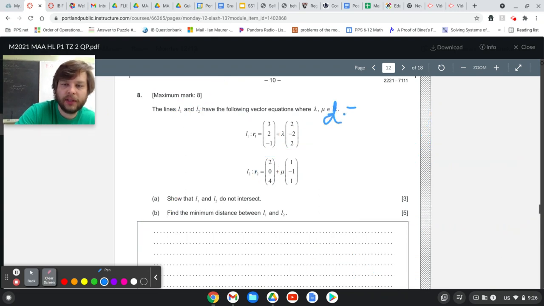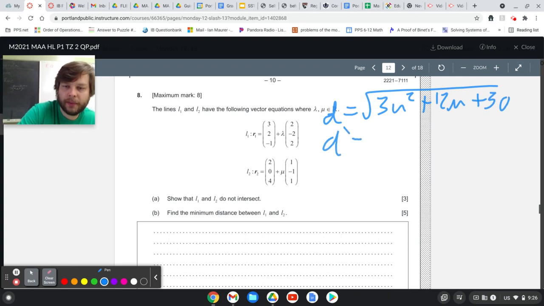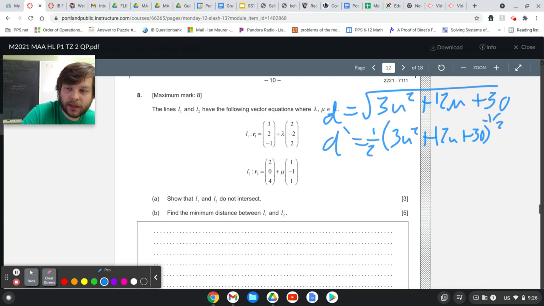So distance equals square root of 3 mu squared plus 12 mu plus 30. Distance prime is 1/2 times all that junk to the -1/2 times the chain rule, 6 mu plus 12.